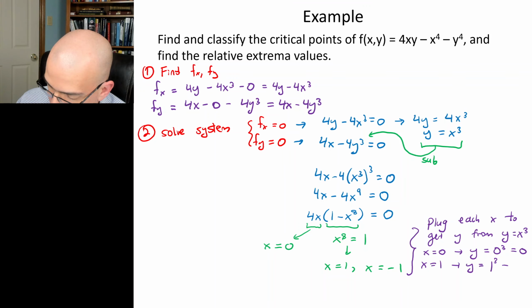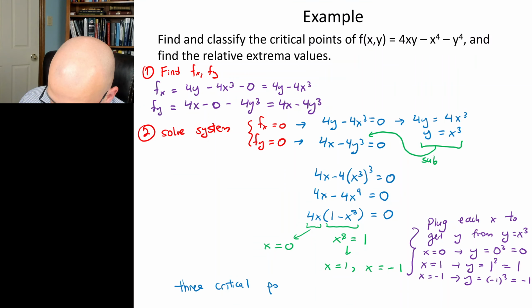X is equal to negative 1. We'll have y is equal to negative 1 cubed, which is negative 1. So we have 3 critical points: (0, 0), (1, 1), and (-1, -1).